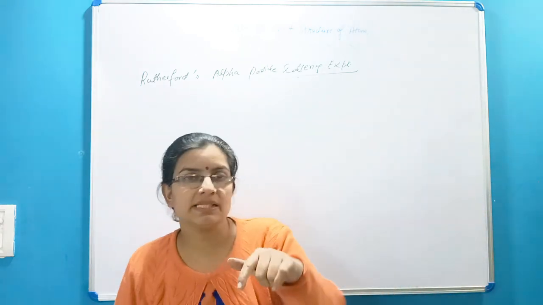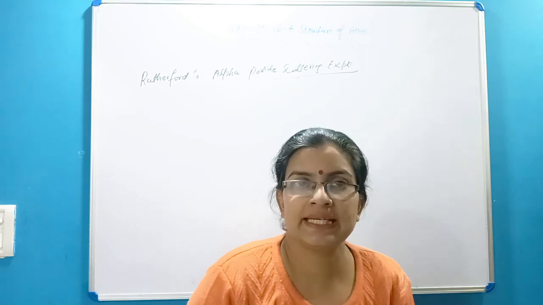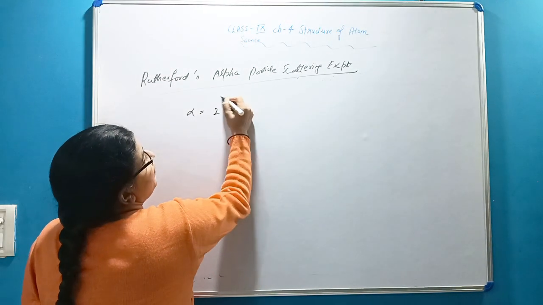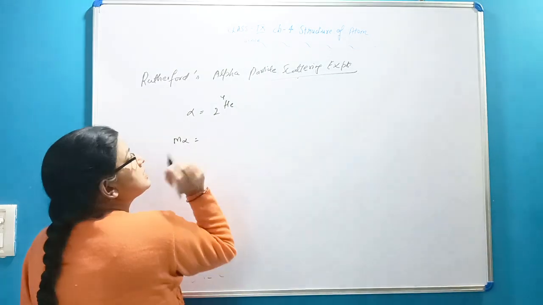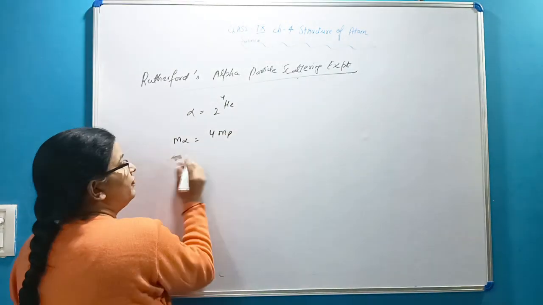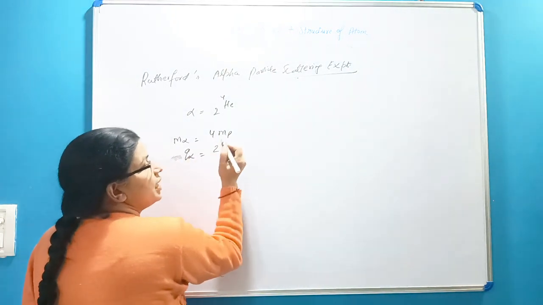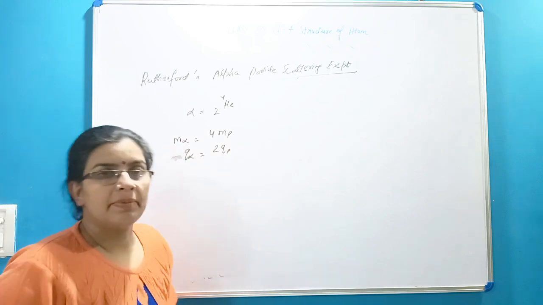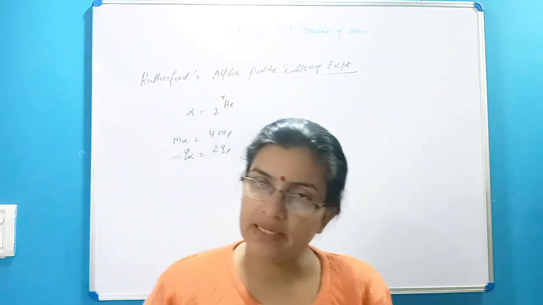The alpha particles are doubly charged helium ions, equivalent to ²He⁴, because the mass of alpha is 4 times the mass of proton and the charge of alpha is twice the charge of proton.